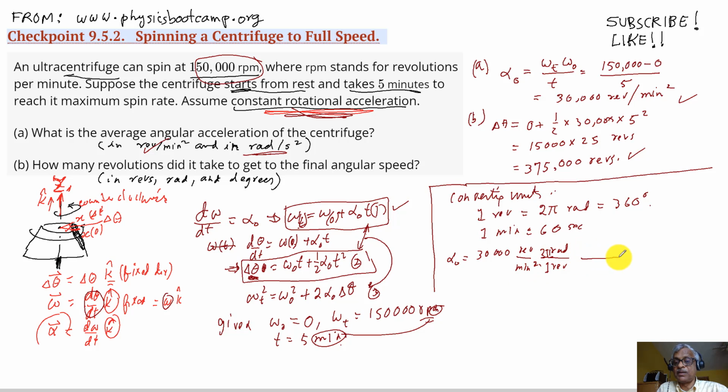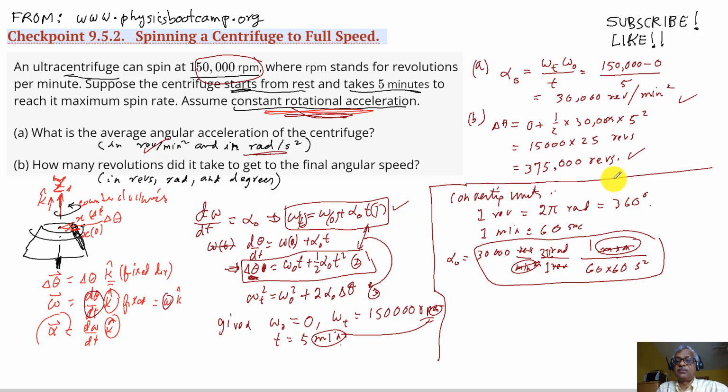So 60 times 60 seconds squared, minute times minute. This is the main place you might make a mistake, because you need 2 factors of this. And so revolution cancels revolution. You can just work it out numerically, and this will be the answer in radians per second squared.